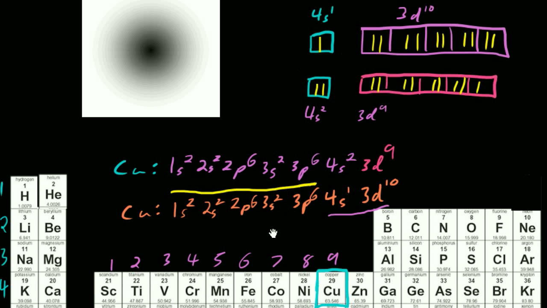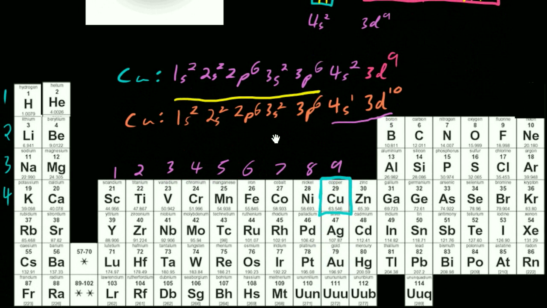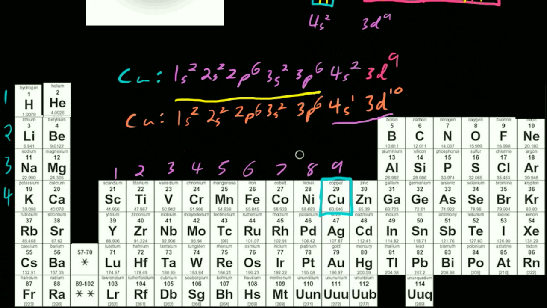The important thing to take away from this video is that our two exceptions for electron configurations in our D block are chromium and copper. Chromium's electron configuration I did in the last video, and copper's is essentially this. Copper's configuration is 1s2, 2s2, 2p6, 3s2, 3p6, 4s1, 3d10.